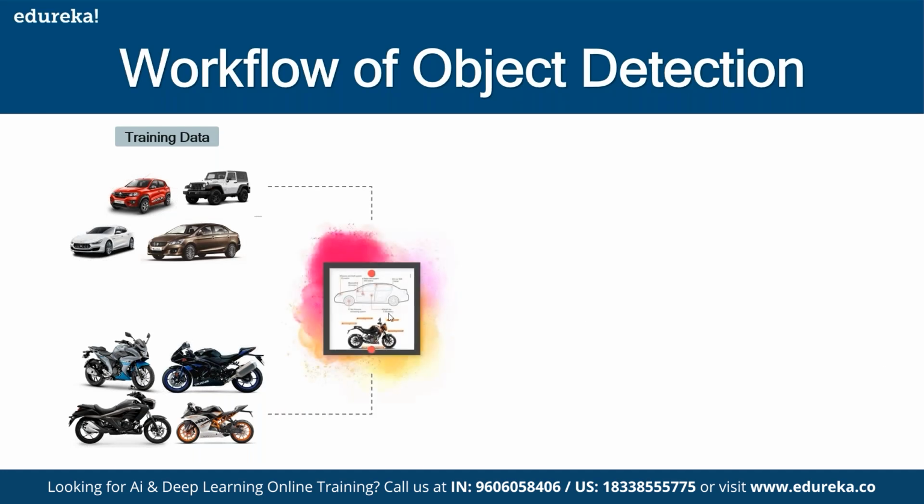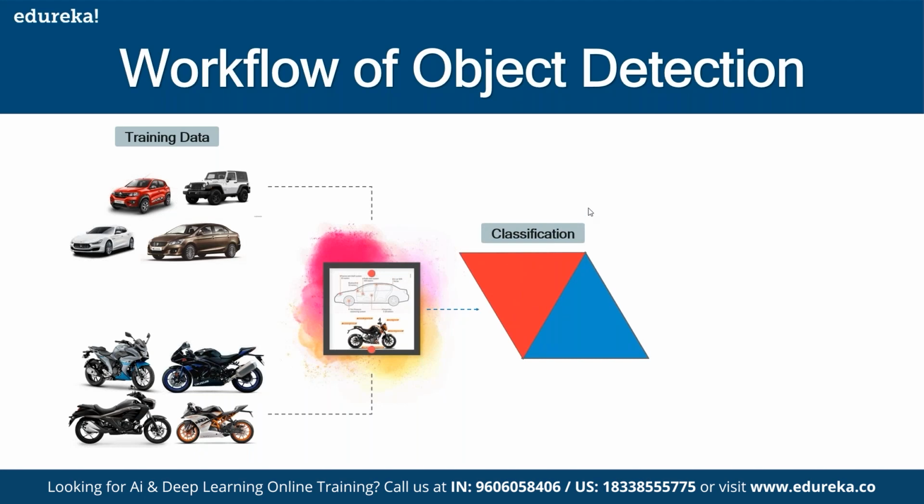I'll use my deep learning model to understand the various features present in each car and bike. This process constitutes the training of the deep learning model. Once we have done the training, we will have the trained model which can identify whether a given image belongs to either a car or a bike.